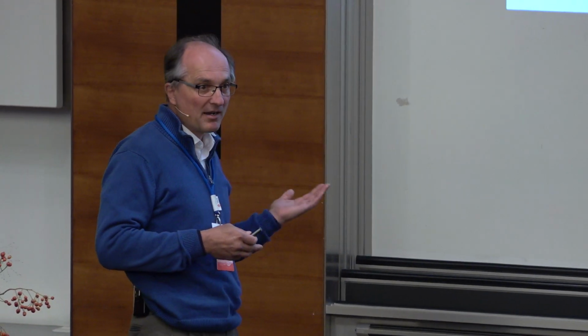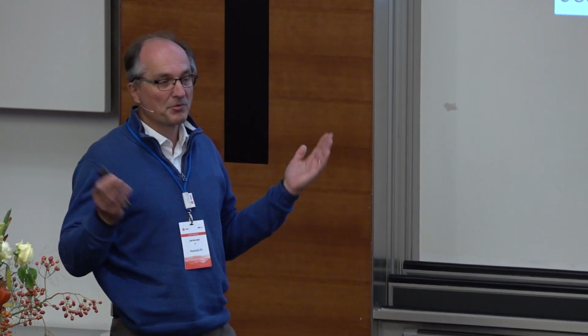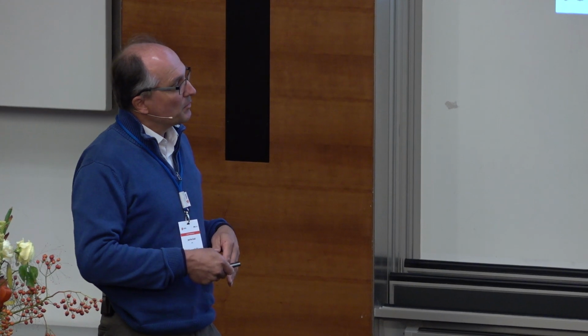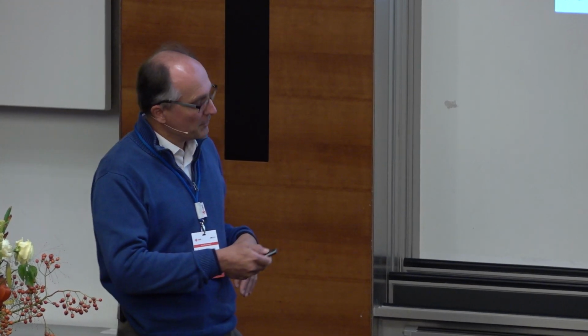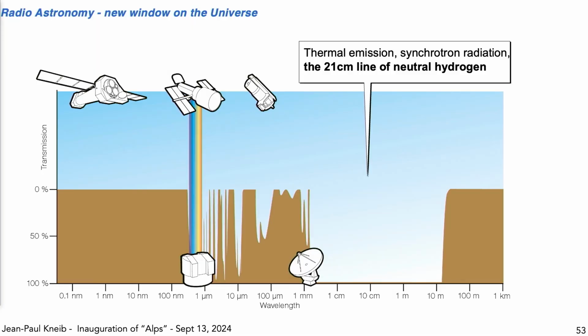There's an optical window, and you all see stars and possibly one galaxy in the sky with your eyes, but at radio you know nothing. The radio window is fully open here, basically from 1 millimeter wavelengths to 10 meter wavelengths. Otherwise, you have to go to the moon or in space.